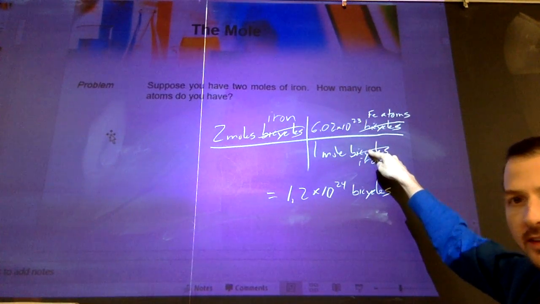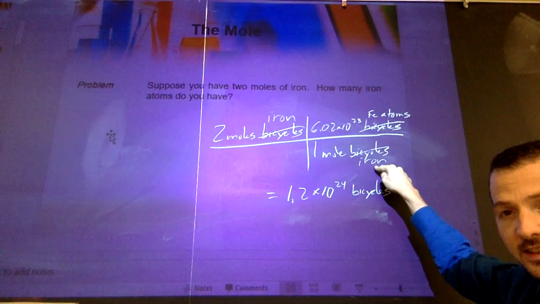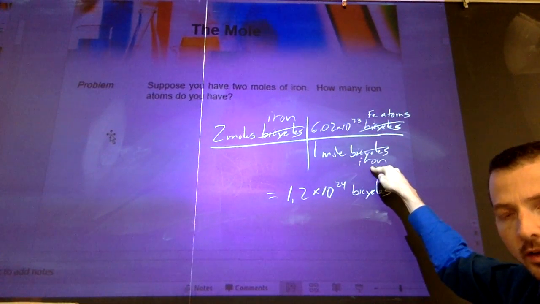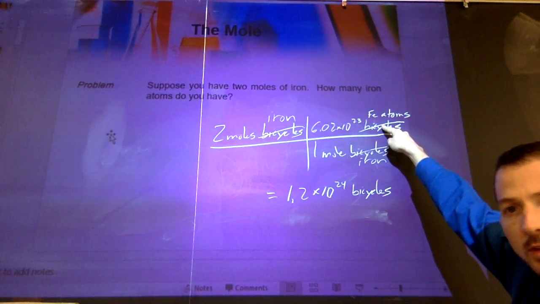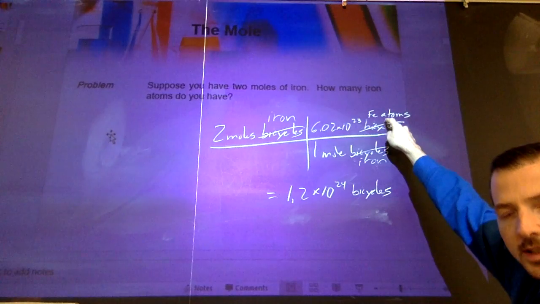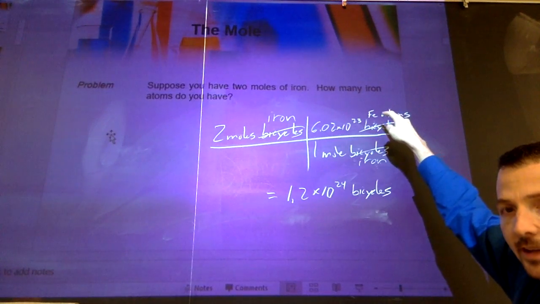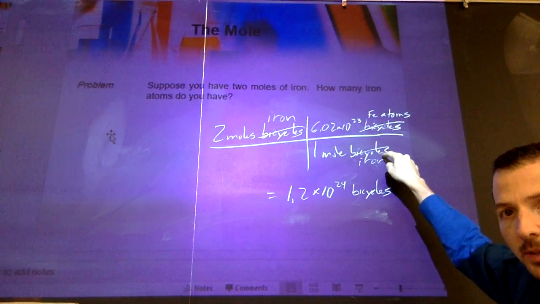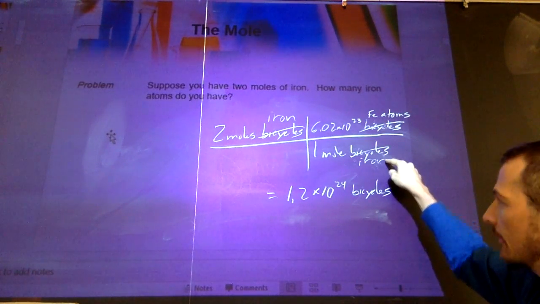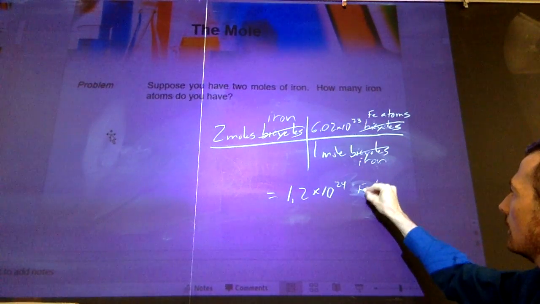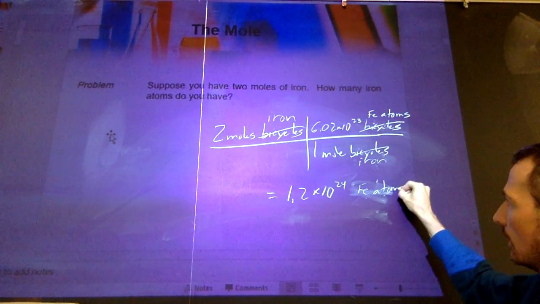Well, it depends on what you're asking for here. Does this exist as atoms or molecules? If it said 1 mole of water, then it'd be Avogadro's number of molecules. If it says iron, iron's an atom, so that's why it's atoms here. So you can see Avogadro's number specifies the number of atoms or molecules depending on what this substance is. So then that would just become the same atoms.